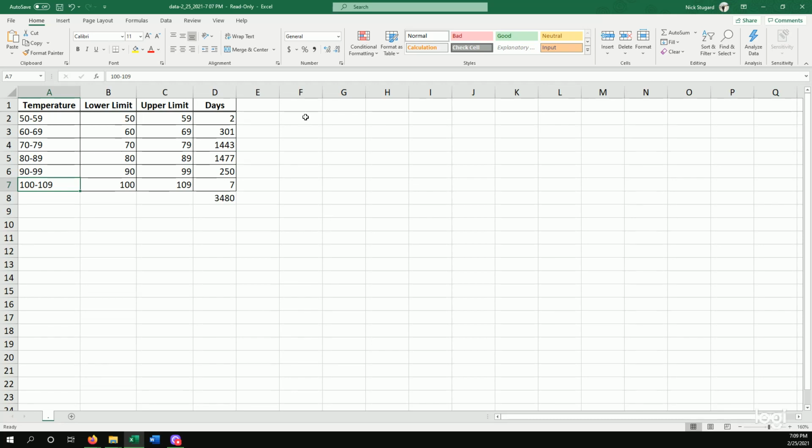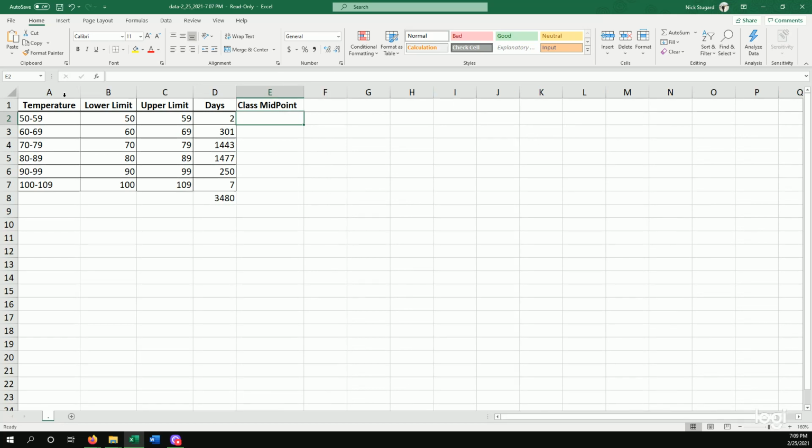The way we have to do this is start off by first figuring out our class midpoint for each of these different classes. Remember that the class midpoint is halfway between the lower limits of two consecutive classes. This one's not too bad.